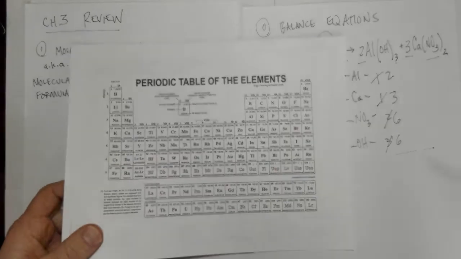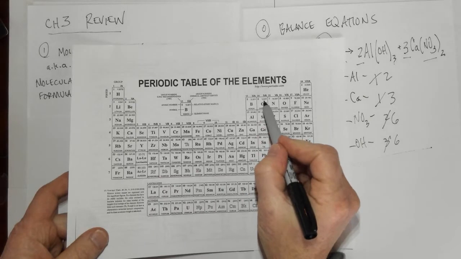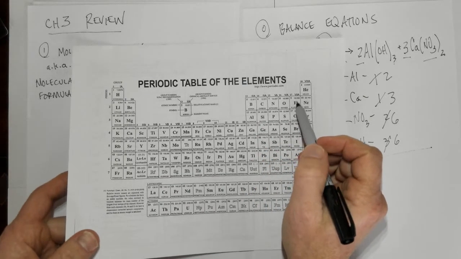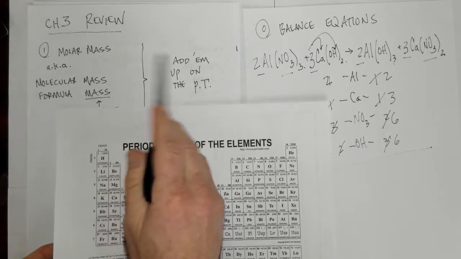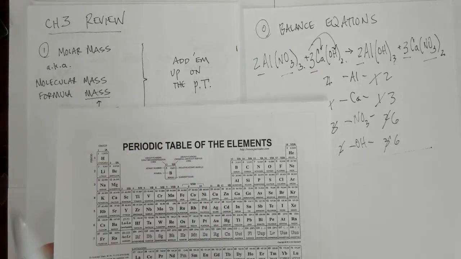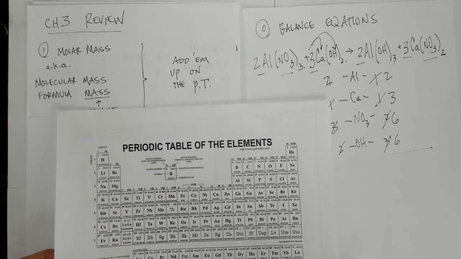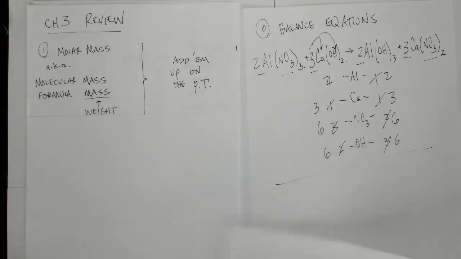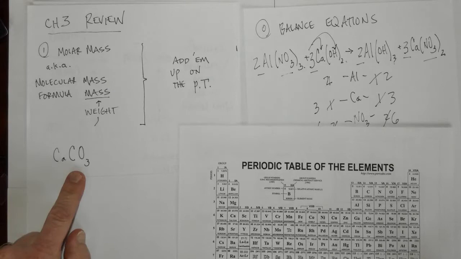So on your periodic table, you want to look here in the upper right hand corner for each one of these little numbers, and those are the atomic masses, and those add up to give you this thing right here: molar mass, molecular mass, formula mass, for whatever formula or atoms or ions you're adding together. So let's find the formula weight for calcium carbonate.